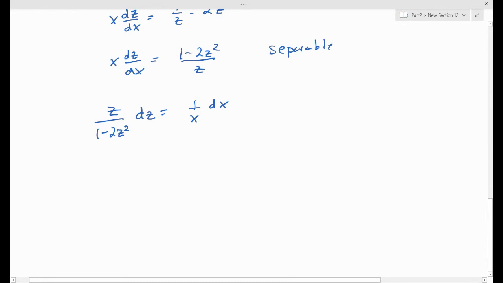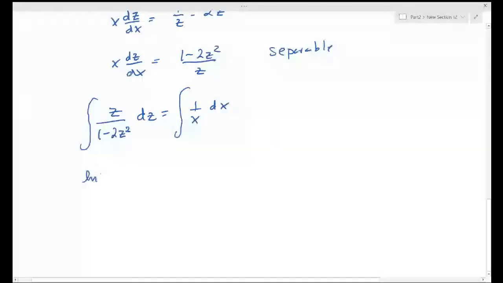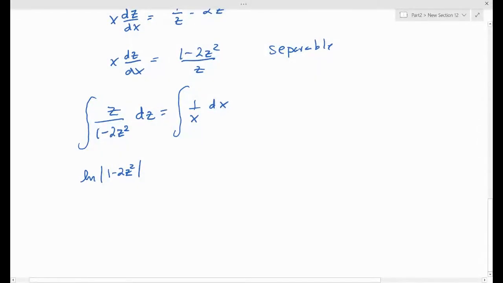Okay. And then, two differentials being equal, we anti-differentiate. Let's see what we get. On the right, I believe it's some sort of log. So let's just guess. Okay. So would that be right?